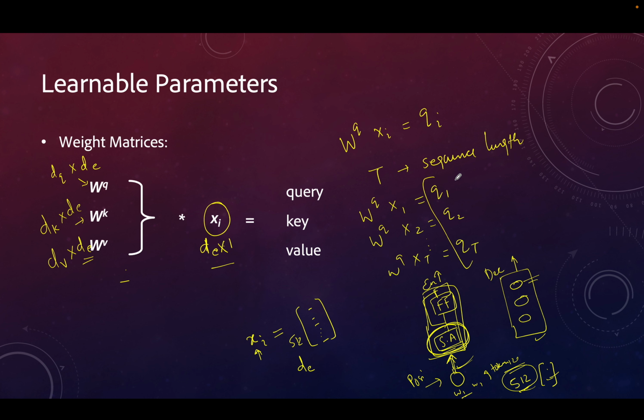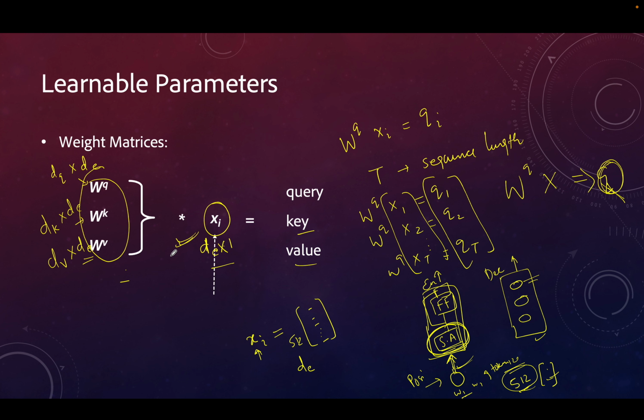So you can make this one matrix, and so WQ times X, where you keep all the tokens of the sequence in X, gives you Q, which you can denote by capital Q. Similarly for key and value. So these weight matrices are the learnable parameters, because these embeddings are fixed and are not learned as part of self-attention. These are learned separately.